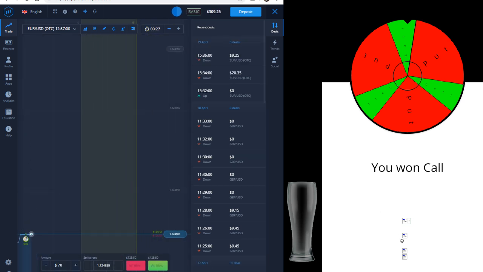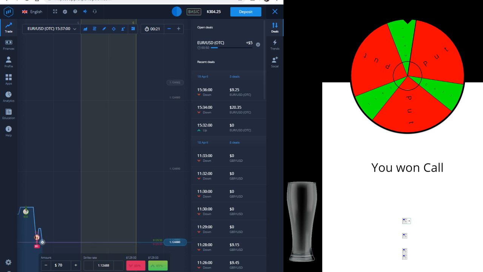Okay, it's good. I will continue to trade like so, downwards again, my favorite direction, very safe.